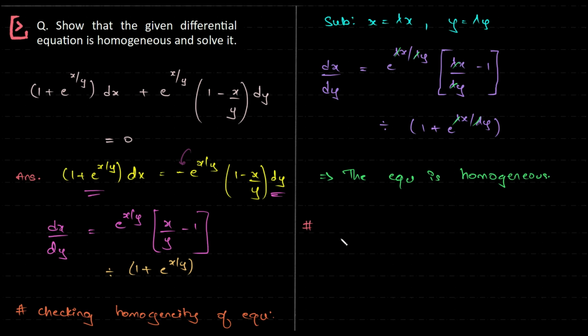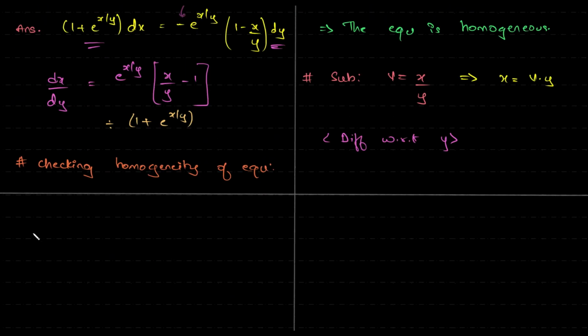Okay, next is we're going to substitute, this is where it will vary, v as x by y, and so x is equal to v into y, and now we need to differentiate with respect to y, and so this would be dx by dy is equal to dv by dy into y plus v into 1.